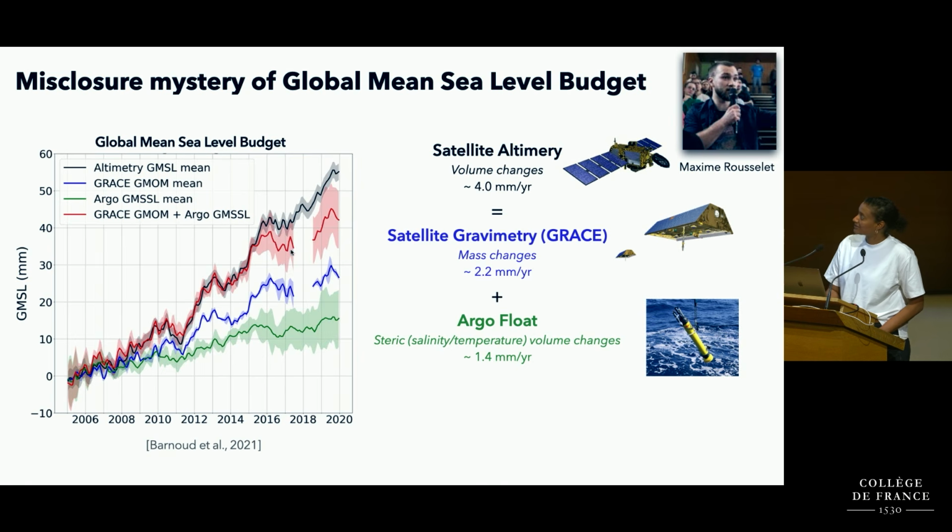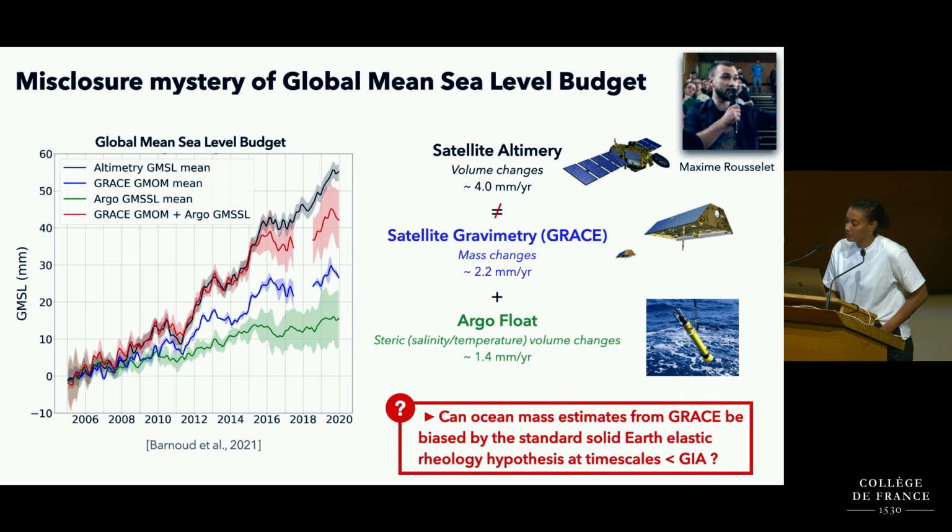But in fact, and this is the difference between the black curve here and the red curve, we have a misclosure issue, and a lot of work has been done over the past few years to try to close this sea level budget, because this has implications for warming of the deep ocean, which apparently was also an interest of Xavier Le Pichon. So this has climate implications that we need to solve.